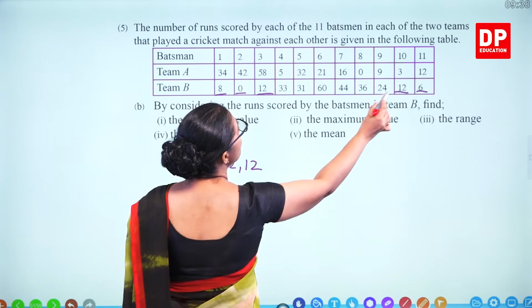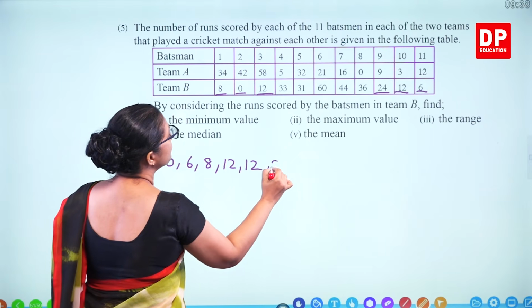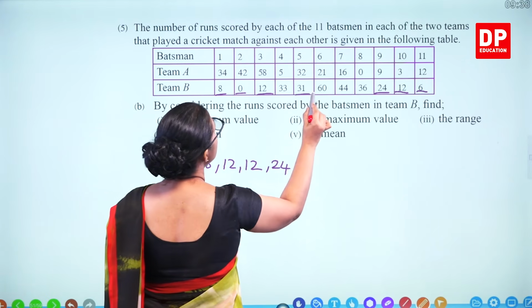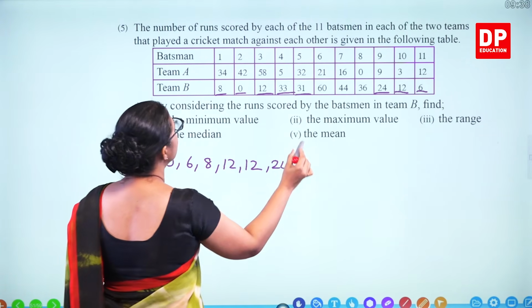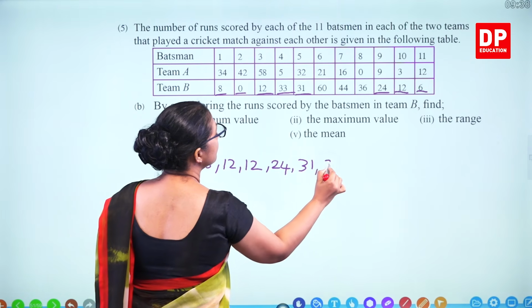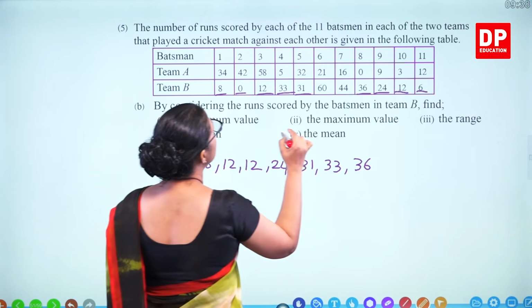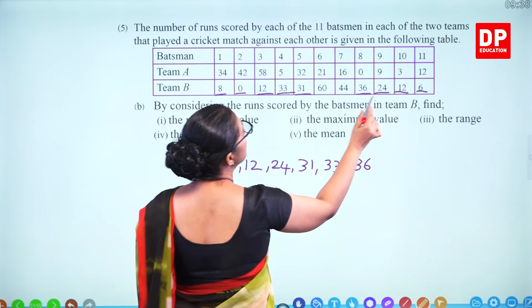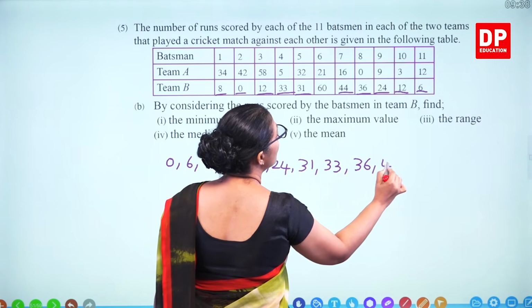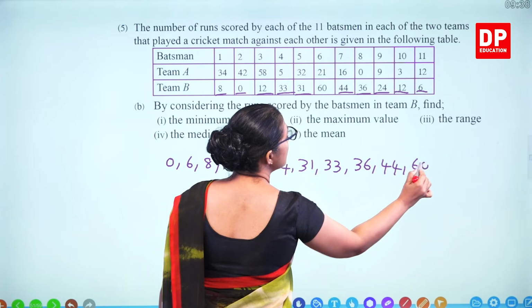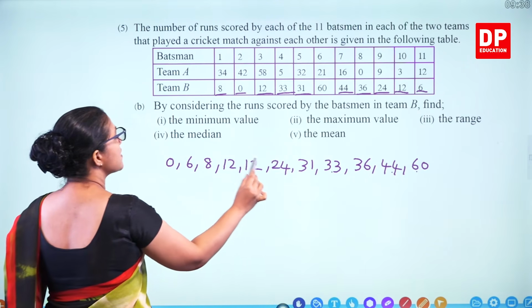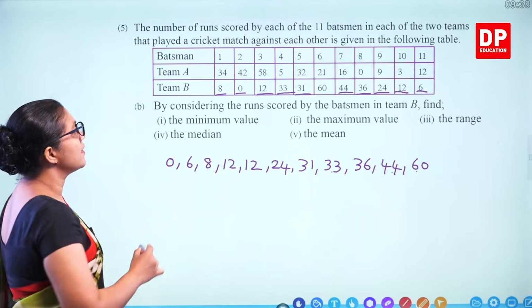Then 24, 31, 33, 36, 44 and 60. 1, 2, 3, 4, 5, 6, 7, 8, 9, 10, 11.